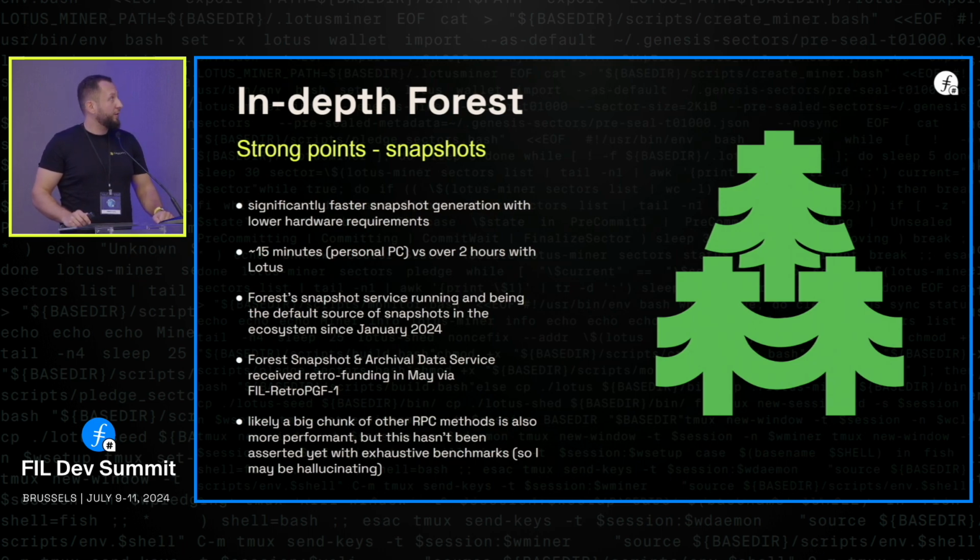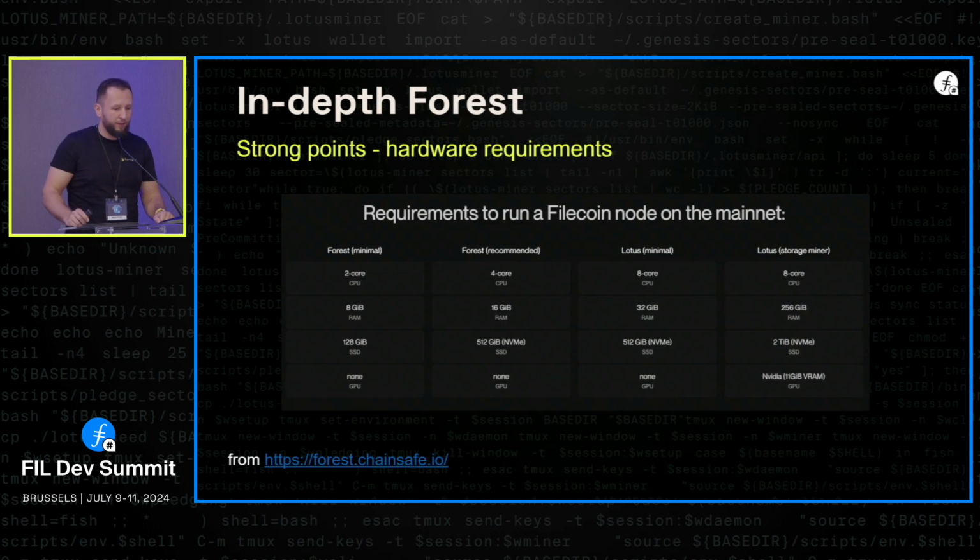And it may be that other methods are also significantly more performant in Forest, but this hasn't been benchmarked, so I have no proof of that. So I may be hallucinating. But I would expect that they are also pretty decent when it comes to performance.